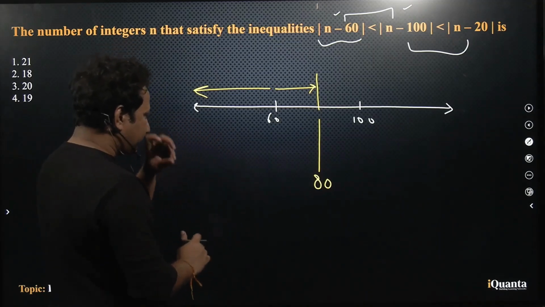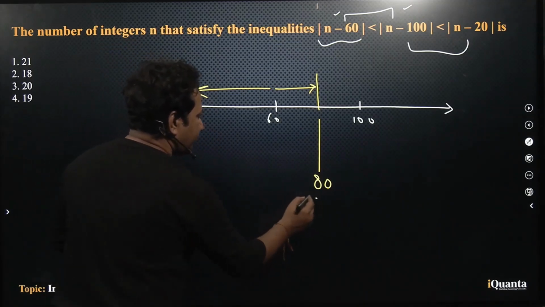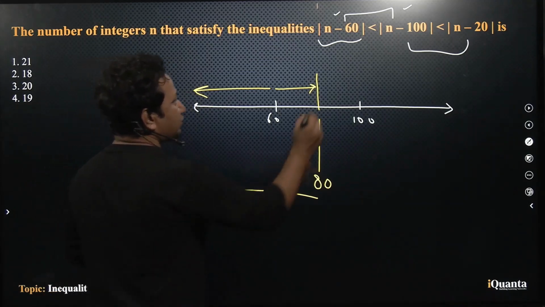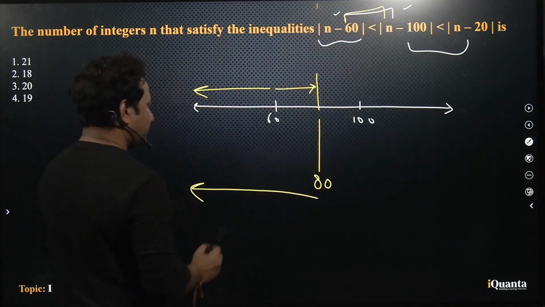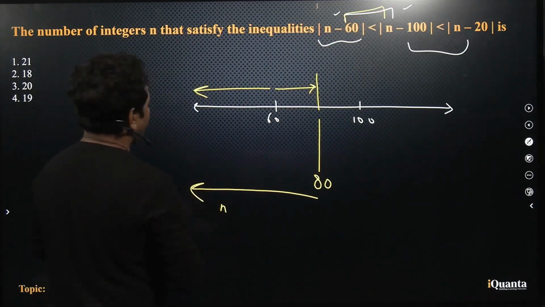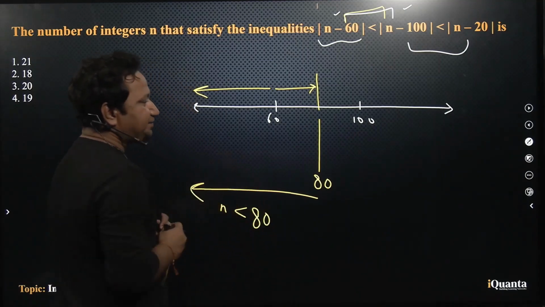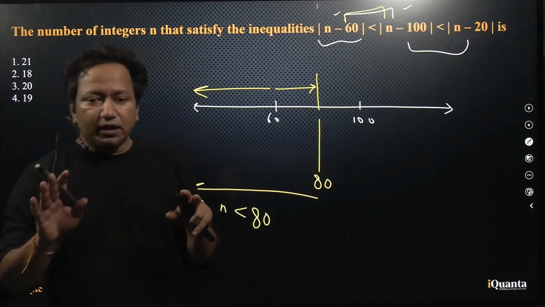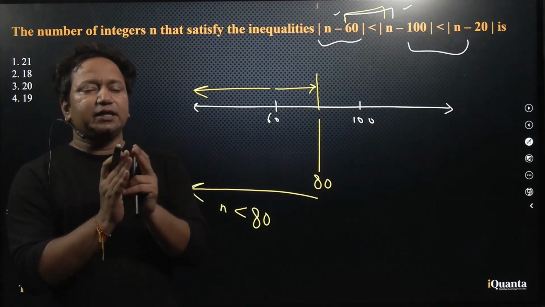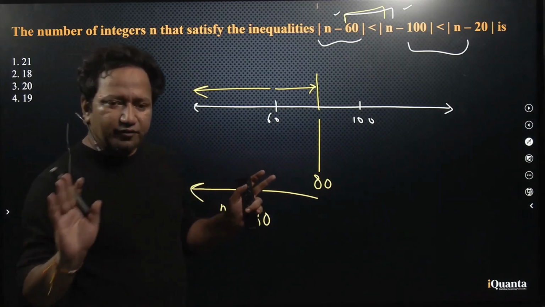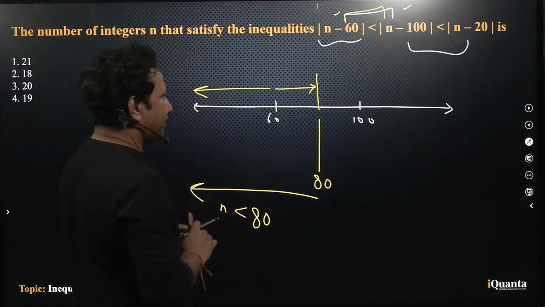So if I solve these two, I get n is less than 80. 80 won't be considered because 80 is equally away from 60 and 100. So now we have one interval, that is n is less than 80.